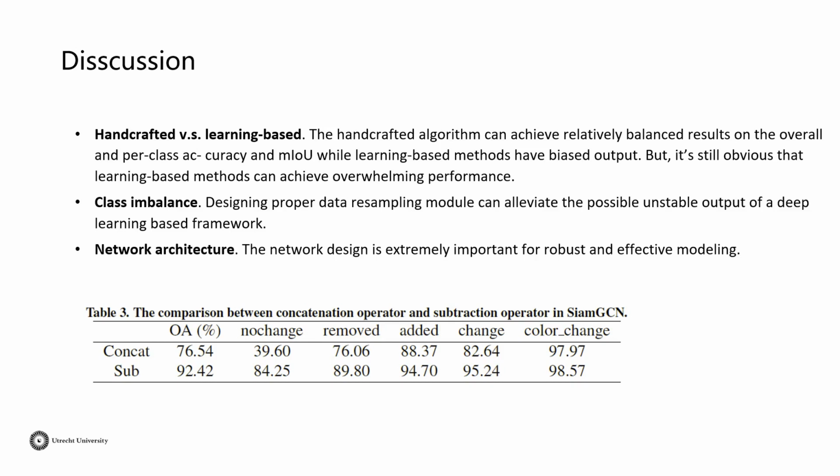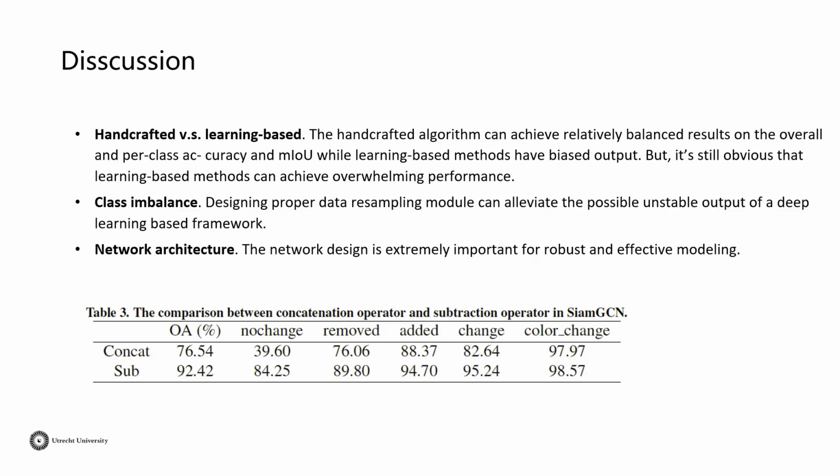But it's still obvious that learning-based methods can achieve overwhelming performance. So in future work, we should focus more on how to improve the learning-based method to have balanced results on no matter majority classes or minority classes.